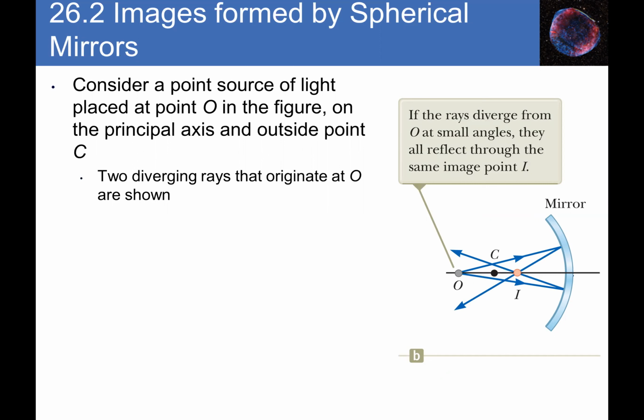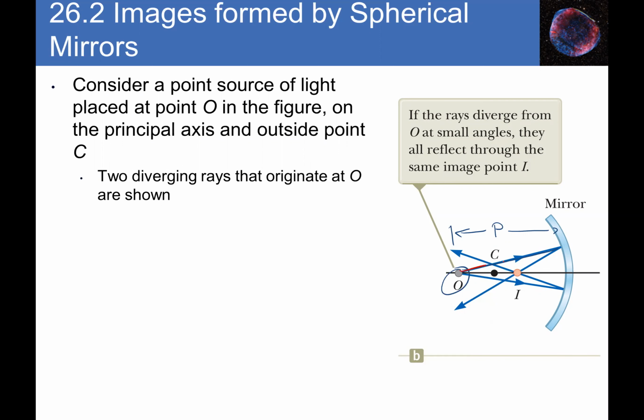Let's then consider an object, O, some distance P from the mirror. It generates light which radiates in every direction. Using a couple of rays, let me use a different color so you can follow what I'm doing.